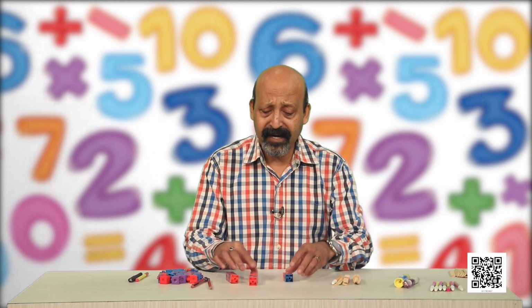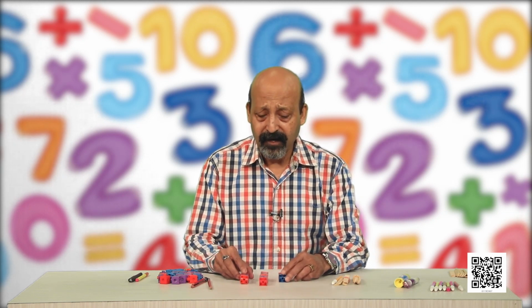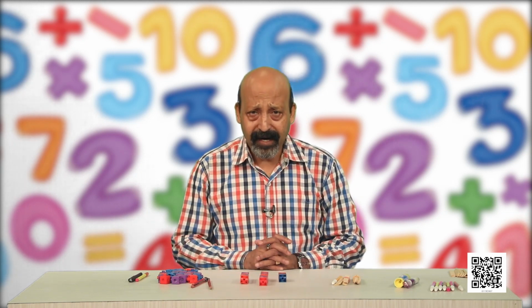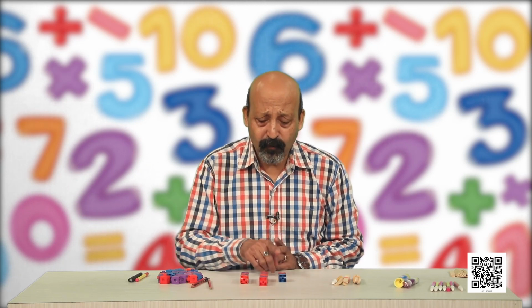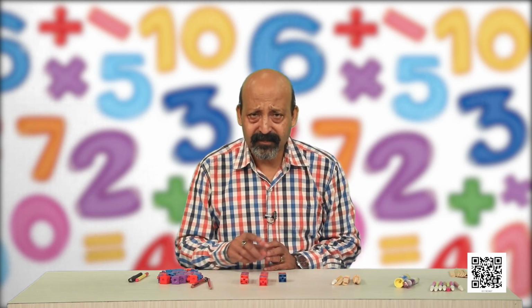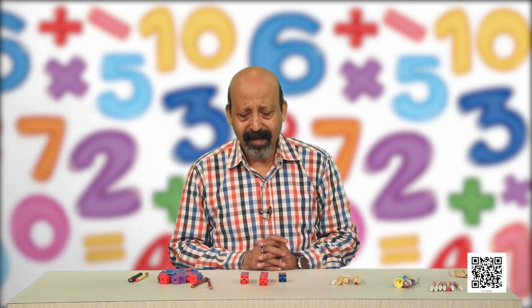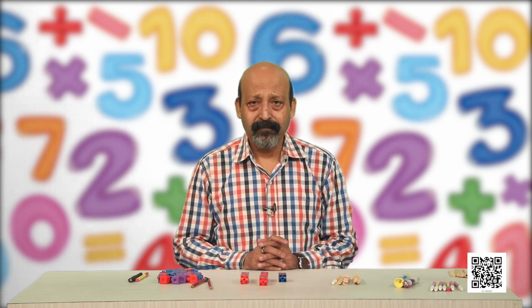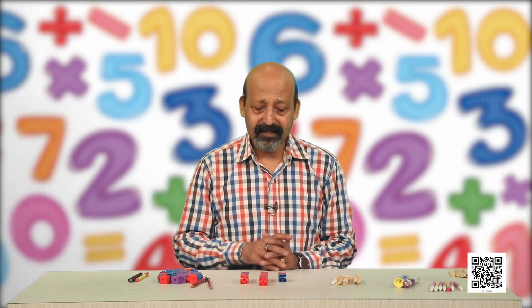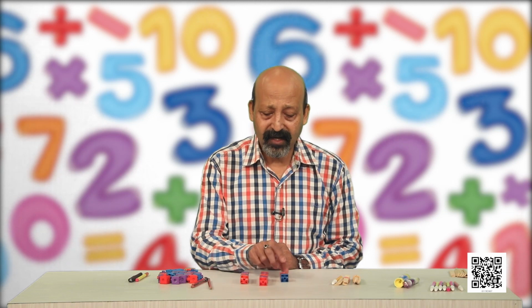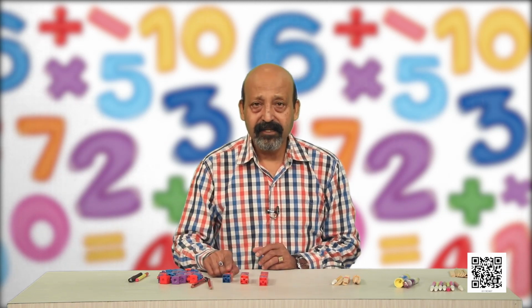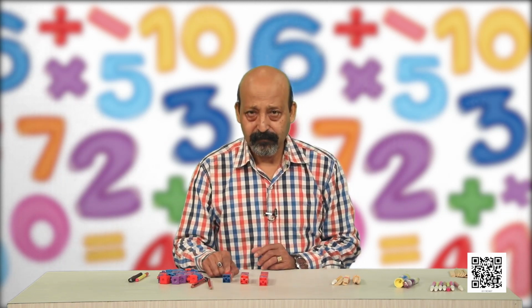But if I place it here, what will happen? Will the middle one again be longer than the smaller and shorter than the longest? No, it will remain the longest. Wherever we place it, it will remain longest, and this will remain shortest. Even if it is placed here, this will be shortest.